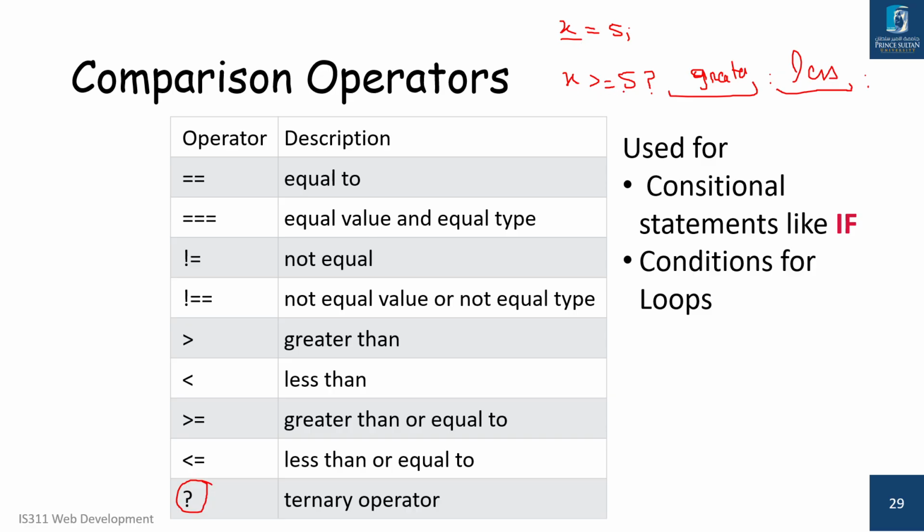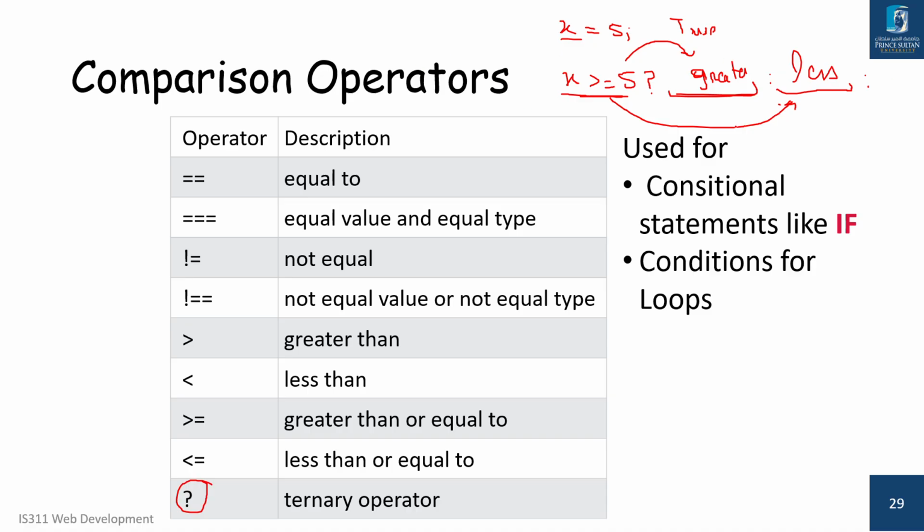And if the x is greater than or equal to 5, then in case of a true value, it will execute this part. In case of false, if this statement results in false, then it will execute that. So we are giving two different parts, if and else, but we are writing it in one line, rather than writing the if condition: if x is greater than or equal to 5, console.log greater, else console.log less.